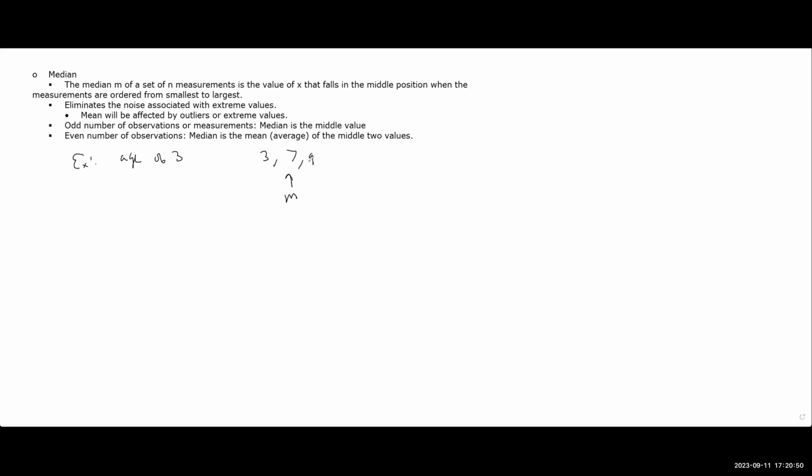We had an odd number of observations, 3. The middle one is considered the median. So now let's say we had the age of 4 people. We have 3, 7, 9, and 10. What is the median? It is the average of these two. So what you would have to do is put 7 plus 9 divided by 2, which should be 8. Okay.